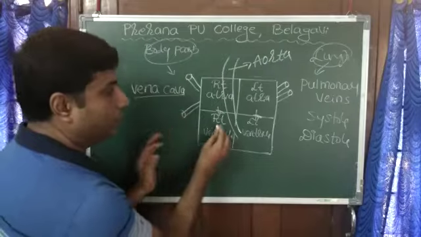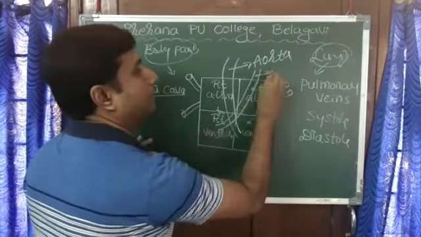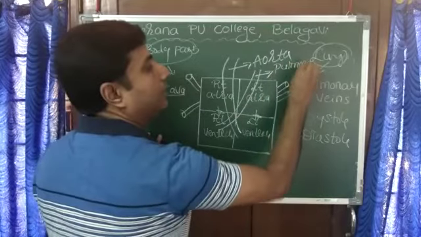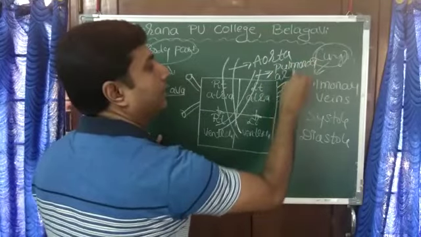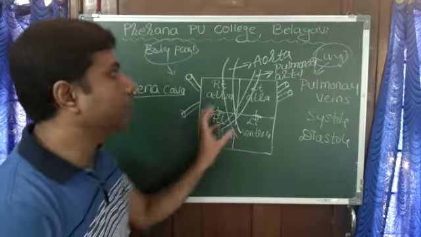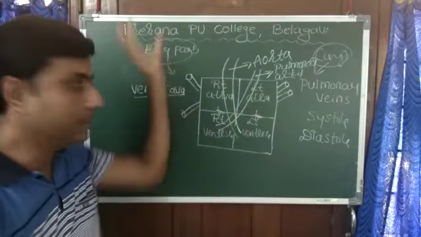So when it contracts, it goes to the lungs through a blood vessel called the pulmonary artery.